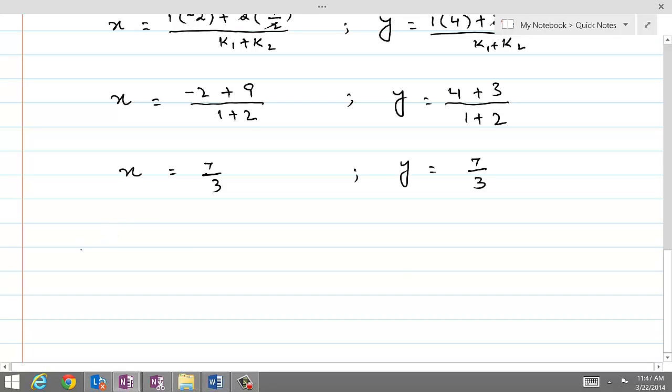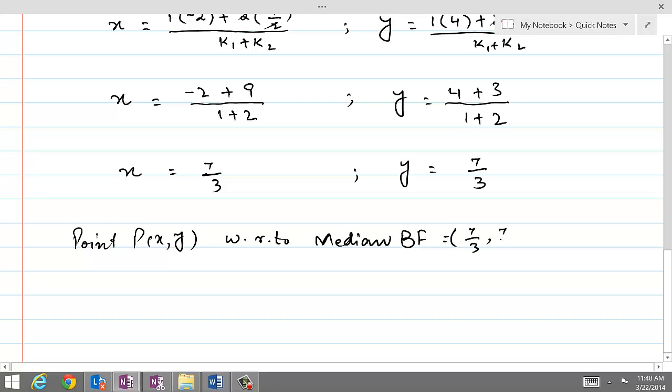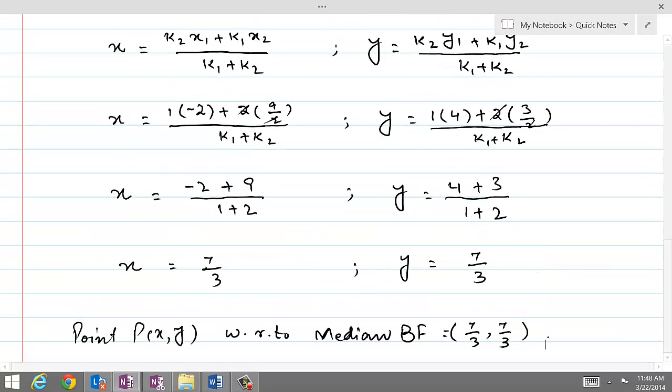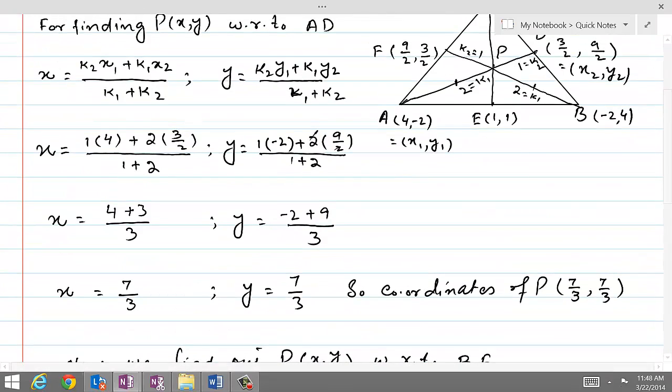So now point P xy with respect to median BF is again 7 by 3 and 7 by 3.